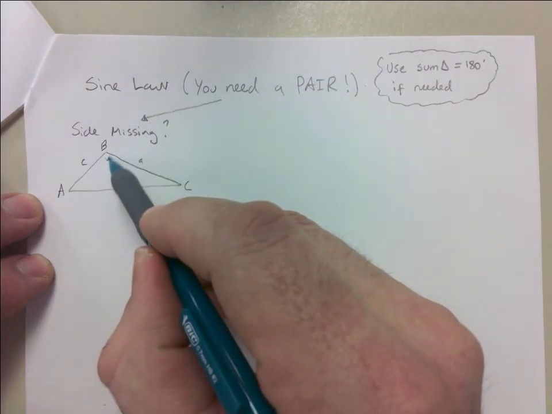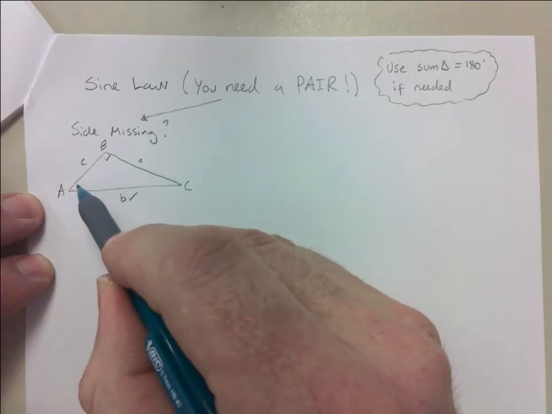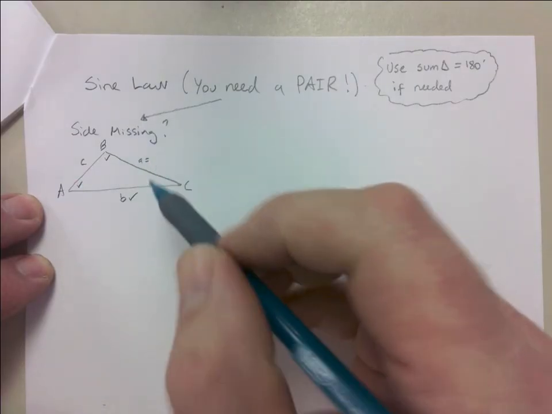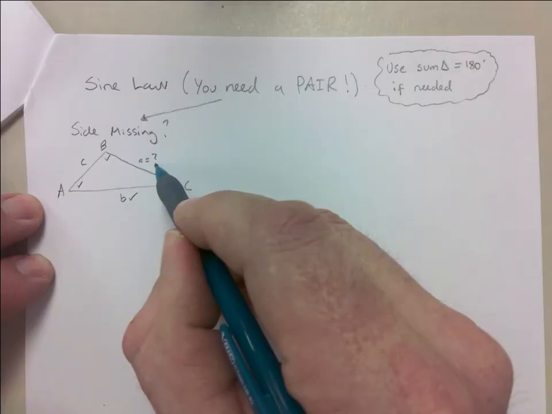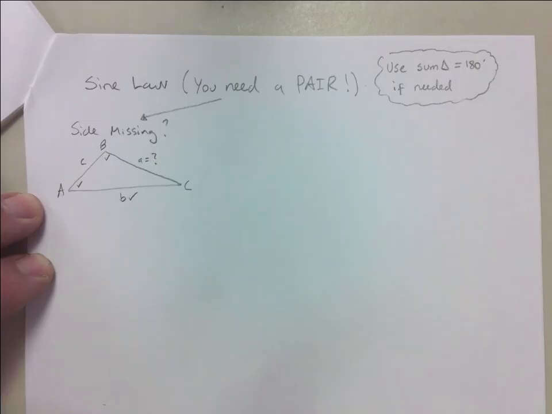We're going to assume this is given, this is given, A is given, let's say. The only thing you can solve for at this point is the side across from that angle.